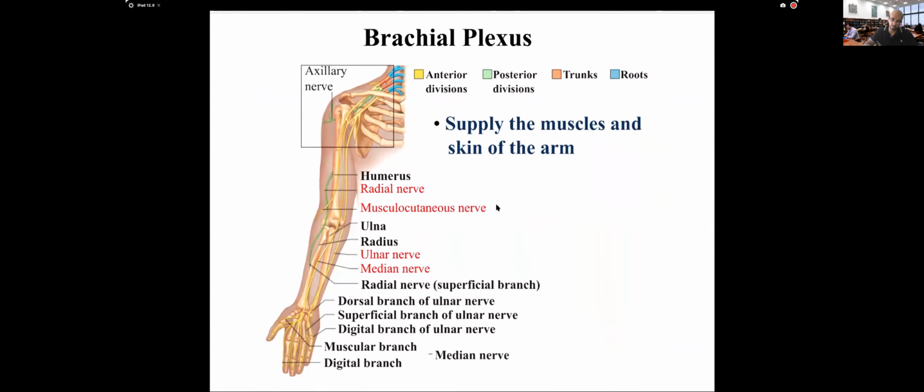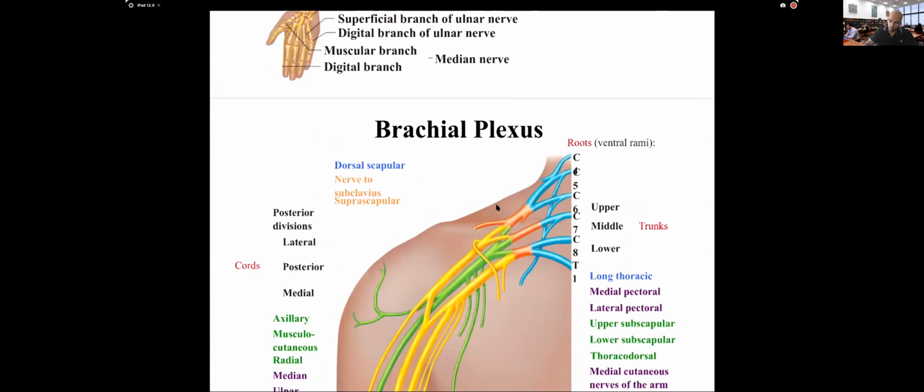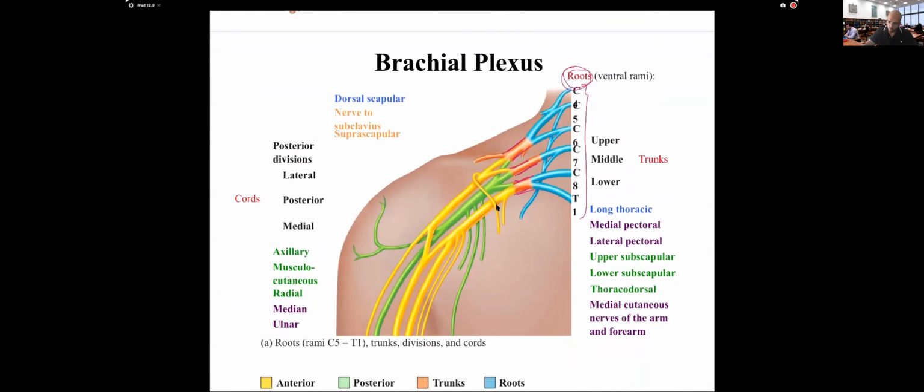Brachial plexus, if you see on here, is going to be formed by C4 to T1. You start first with the roots. Those roots will form 3 segments on here.